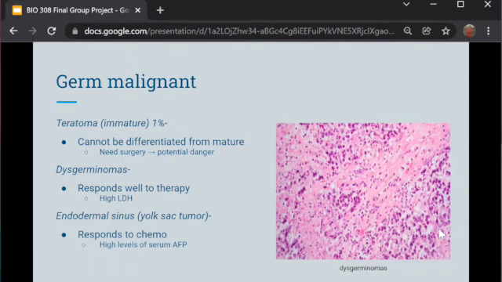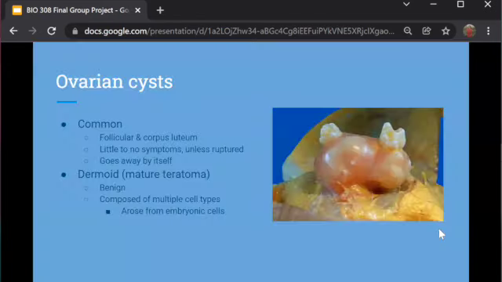So if there is a confusion between the two and they go in with surgery to remove it, but it turns out it is immature, which is malignant, then you have potential spread of the cancer, and that's a danger to the patient. The dysgerminomas do respond well to therapy, and endodermal sinus germ tumors, also known as yolk sac tumors, respond well to therapy.